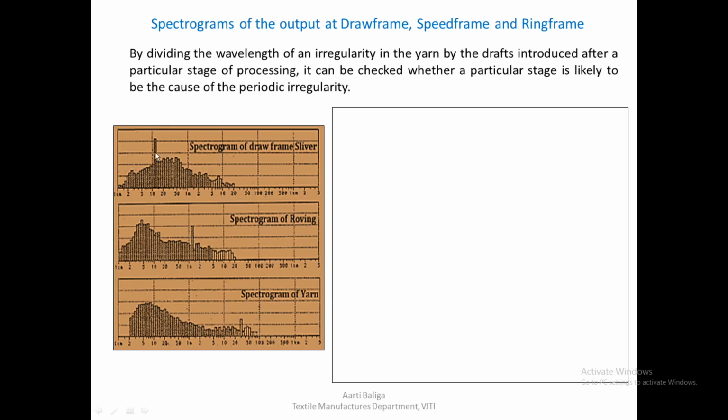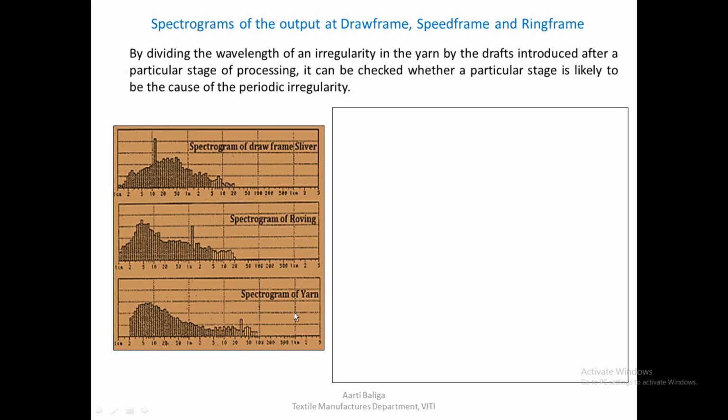This same fault has been drafted by the speed frame, and that's why you will see this same peak has appeared here at a different wavelength which is higher than that shown in the draw frame.